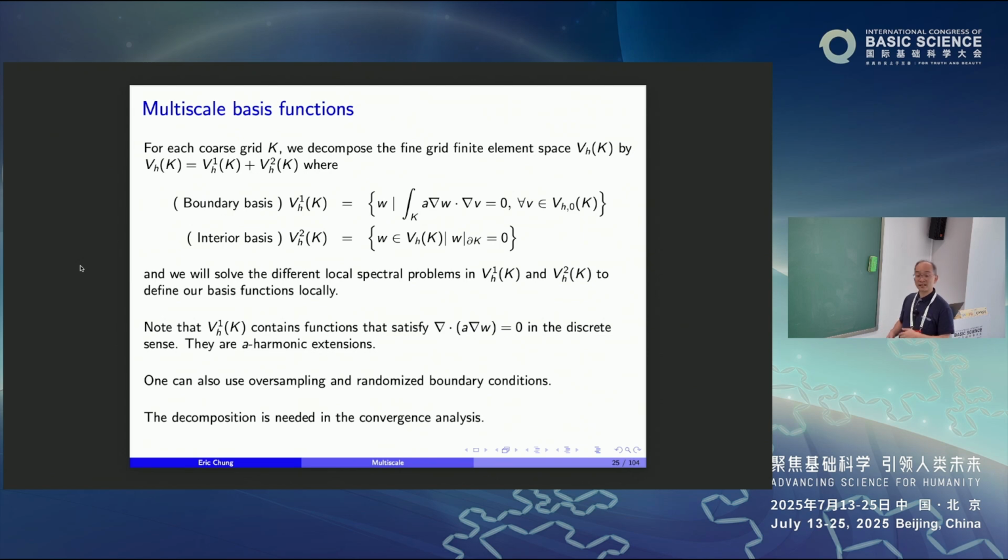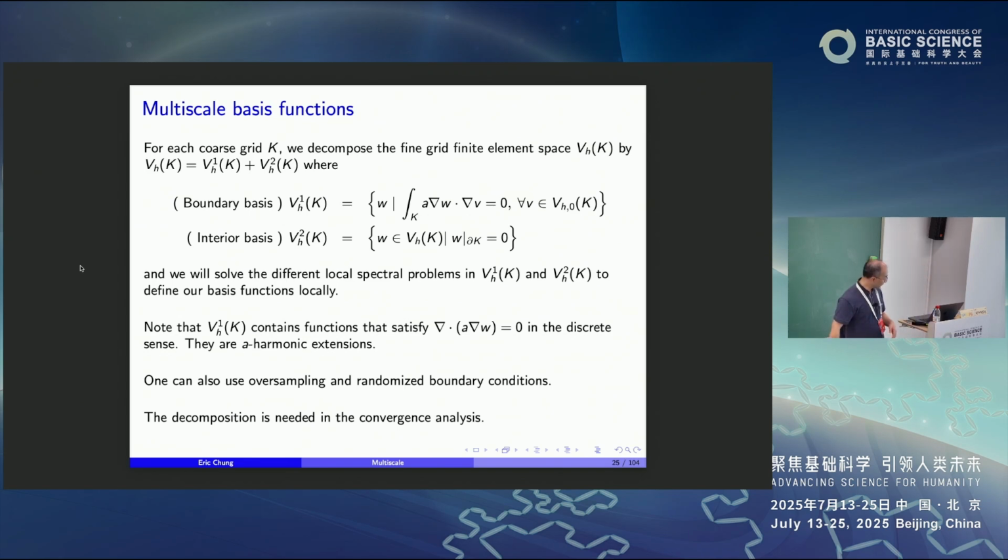You can basically consider V1 to be the space that consists of harmonic extensions. And V2 consists of all functions that are equal to 0 on the boundary of this cell K. So we can decompose the whole space into these two components.